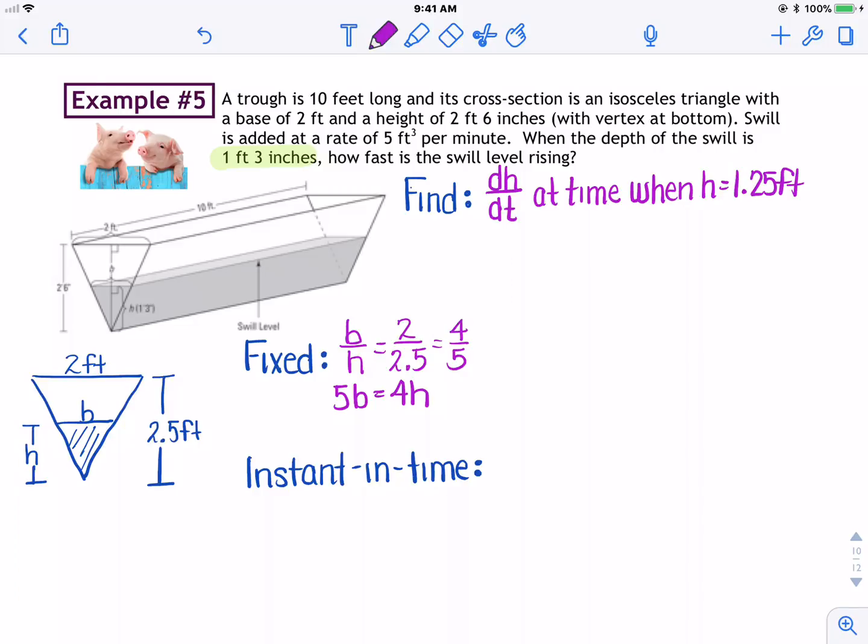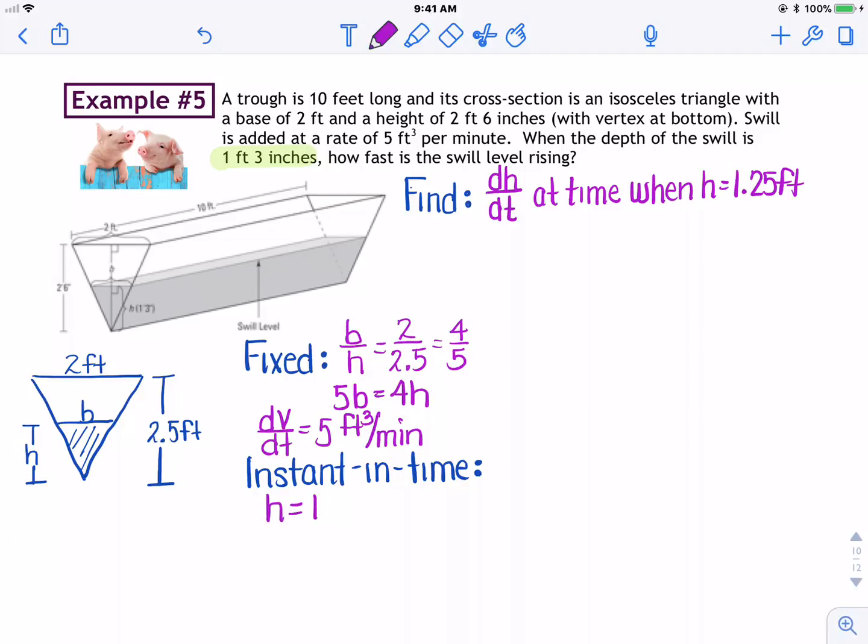They also tell me that as they're adding the swill, which will change the volume, the volume is changing at a rate of 5 cubic feet per minute. And since that's in feet, it's a good thing we changed all those other measurements into feet. At that instance in time, there's some things I know.